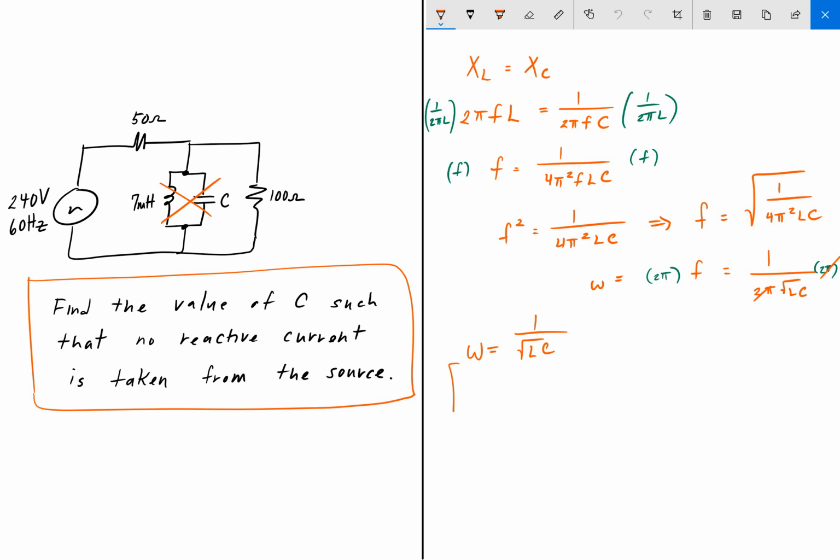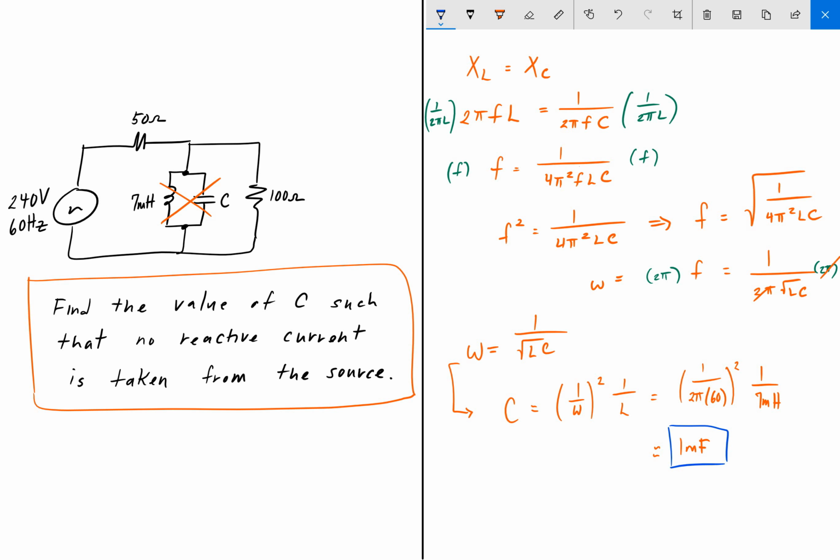When you rearrange this equation, you get that C is equal to 1 over omega squared multiplied by 1 over L. Plugging in the values, we get 1 over 2 pi times 60 hertz, which is our omega, squared, and then we multiply it by 1 over 7 millihenries. When you do that, you get roughly 1 millifarad. So that is our answer, 1 millifarad.